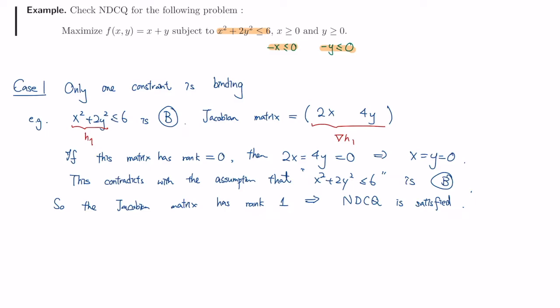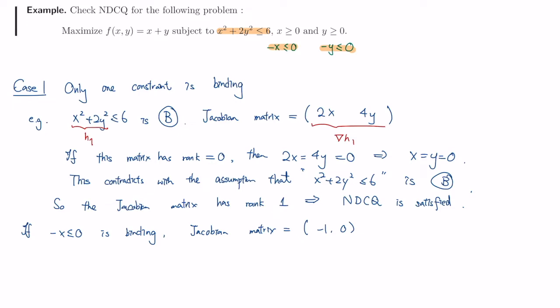But what if this time it is this constraint that is binding? If minus x less than or equal to 0 is binding, then the Jacobian matrix is just the gradient of minus x, so you get minus 1, 0.